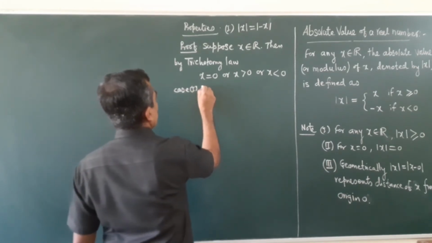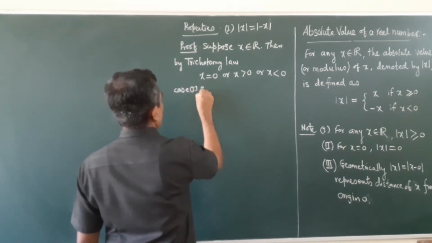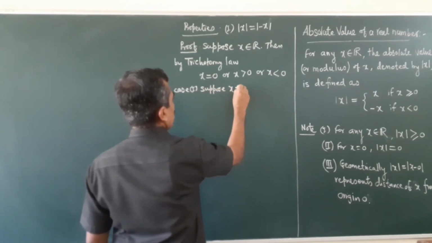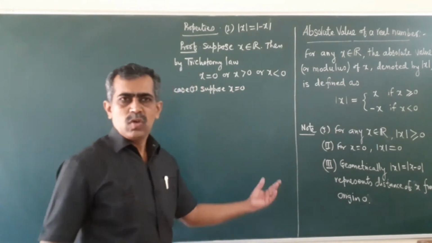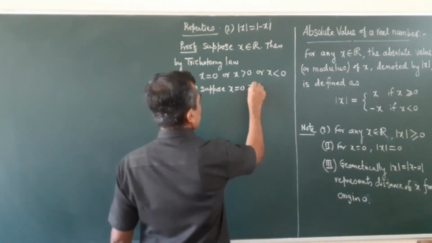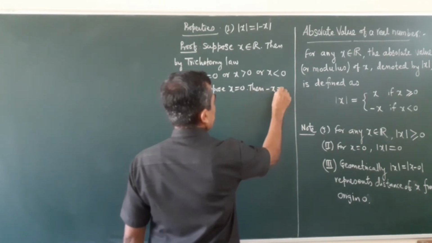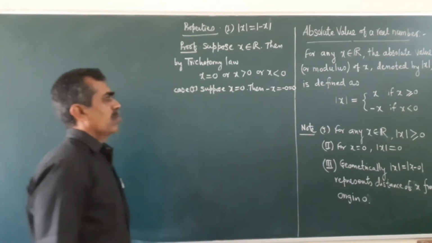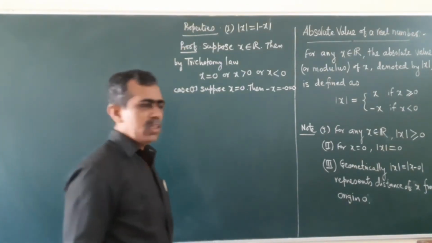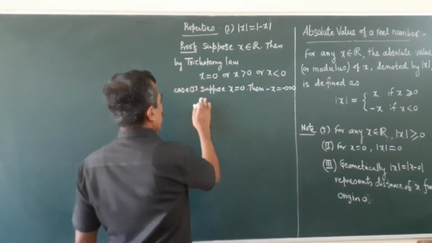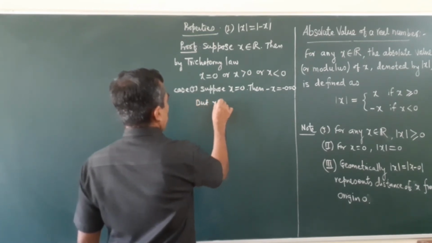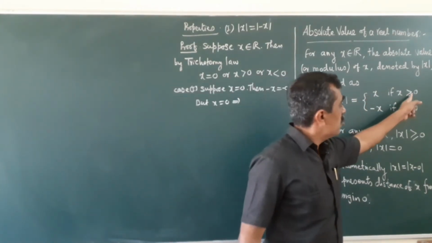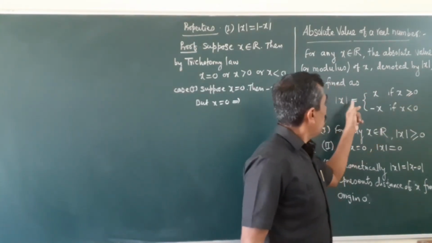Suppose x is equal to 0. If x is 0, then minus x is minus 0, and that is nothing but 0. But x equal to 0 implies, by definition, if x is 0, what is mod of x?